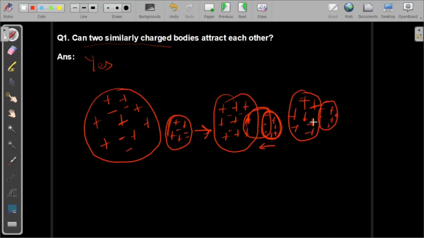And positive charges of this will go to that side. Charge transfer will happen. But initially the smaller body will be attracted by the bigger one, due to this induced charge.